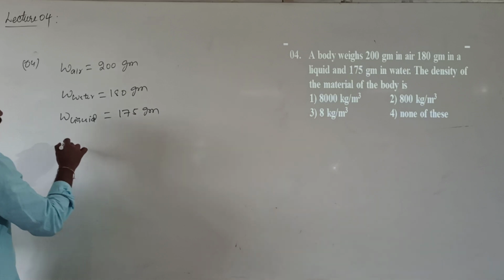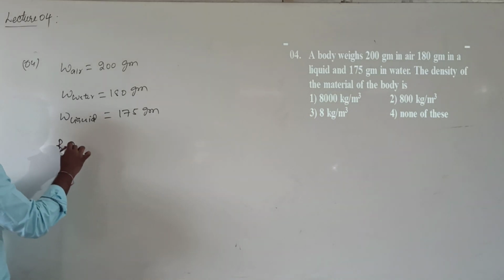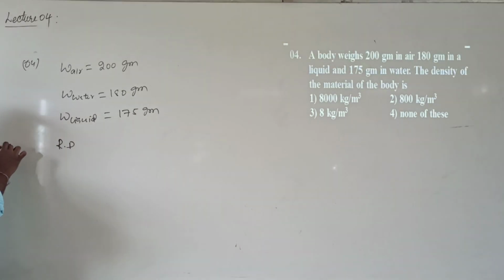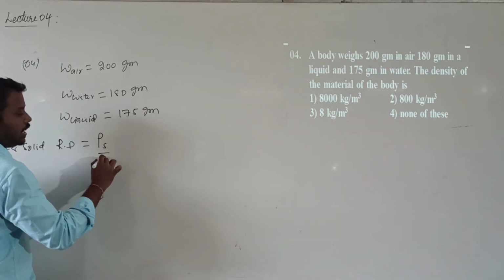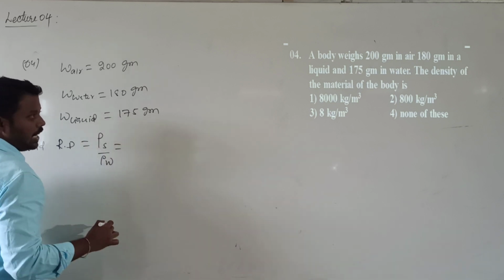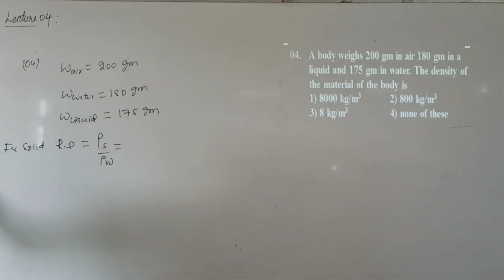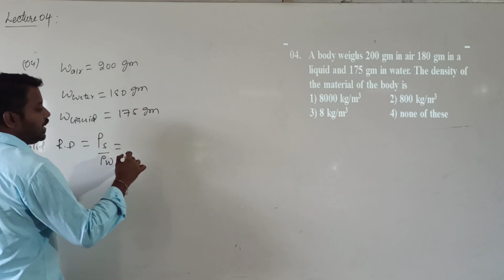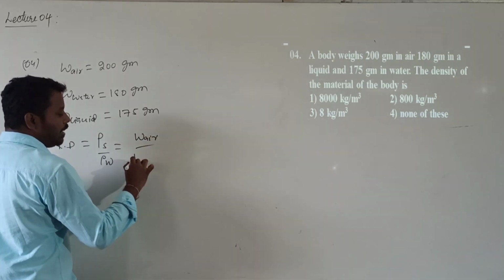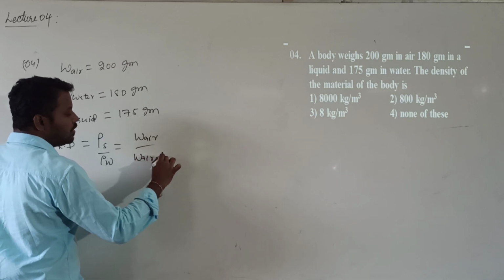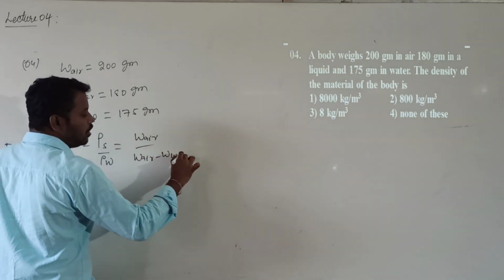So, the relative density formula for a solid. What does it mean? Density of the solid divided by density of the water. Relative density is the ratio between the density of the solid and water. So it is the weight of the body in air divided by the weight of the body in air minus the weight of the body in water. Can you remember?